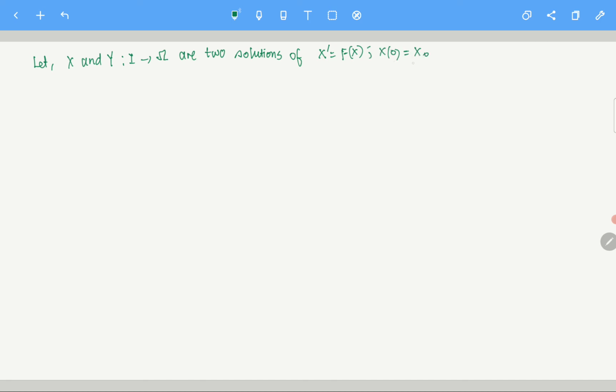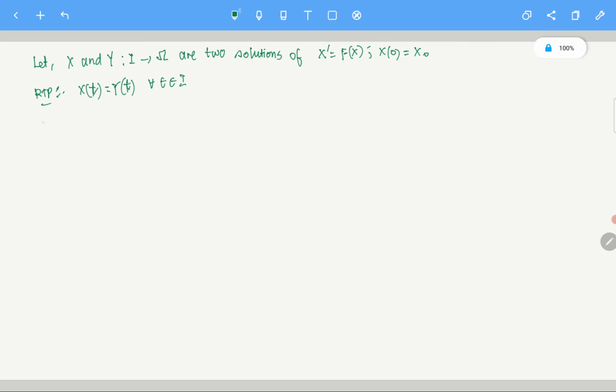Let's say they are the two solutions. Now we are required to prove x of t is y of t for all t in I. This is what I need to show.